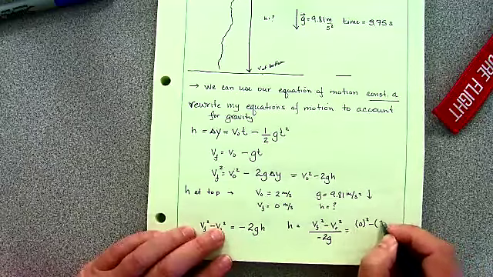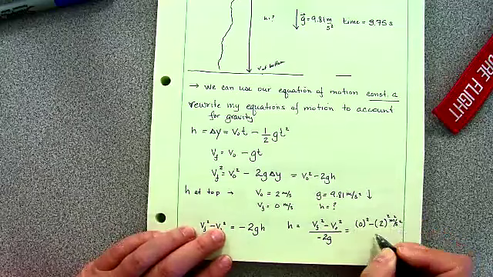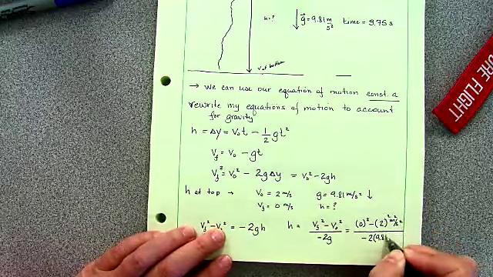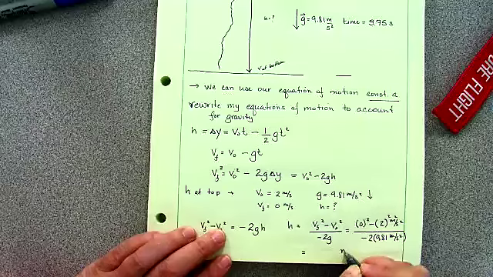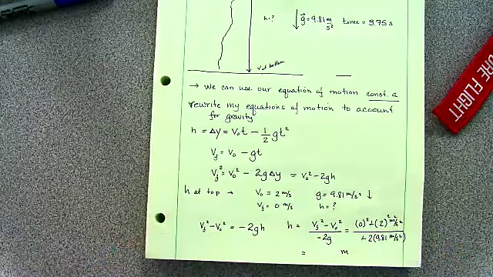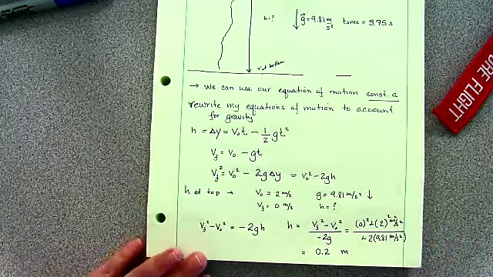My initial velocity was 2 meters per second, and that's squared. g is negative 2 times 9.81 meters per second squared. I'm only left with meters, so life is really good. The negatives cancel each other out, so that's good. So I'm going to have 4 divided by, well, 2 divided by 9.81. And it's only going to rise about 0.2 meters.